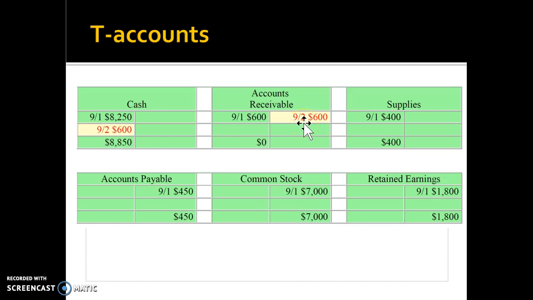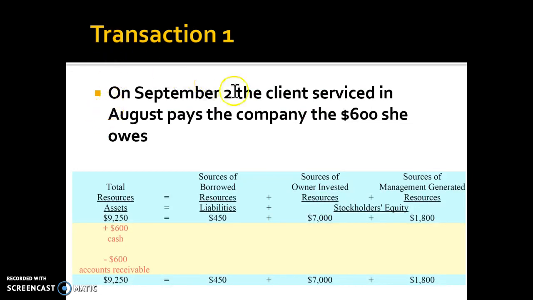Now, let's stop here for a little bit and recap what we have done so far. When we look at a transaction, right, we first ask ourselves, how does that affect our accounting equation in terms of assets, liabilities, and stockholders' equity.